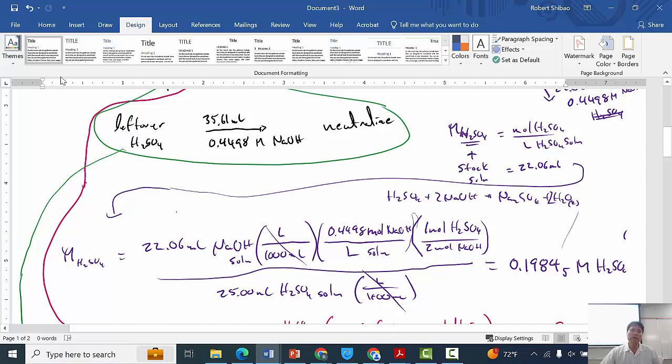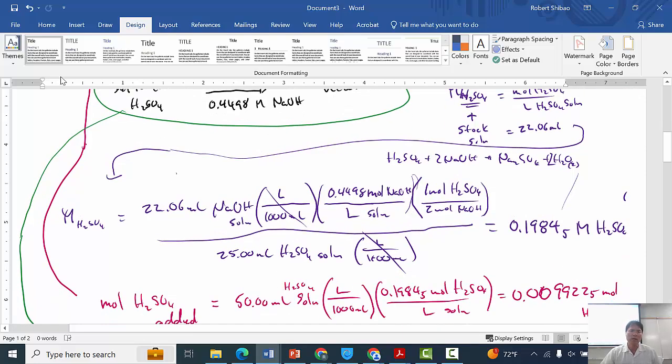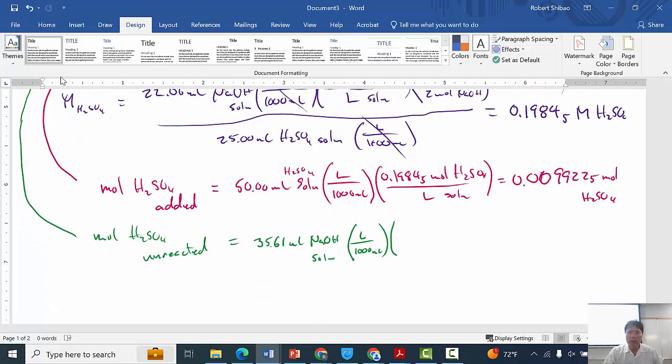With a standard solution, we have a well-known concentration, whereas the H2SO4 we call a stock solution, because we don't have the concentration so precisely known. 0.4498 molar. And then it's a 1:2 ratio, 1 mole of H2SO4 over 2 moles of sodium hydroxide. And then we'll stop here, because that's what we want to calculate.